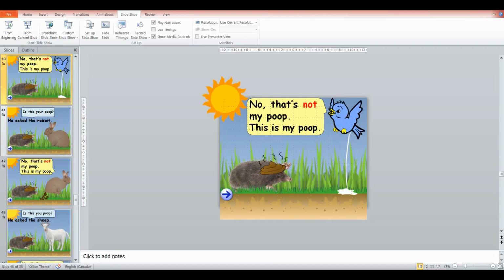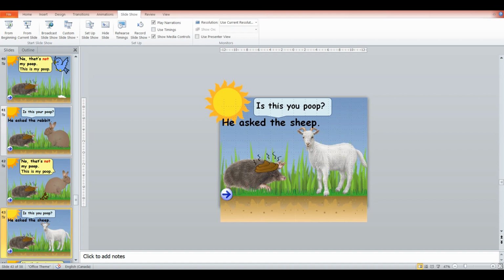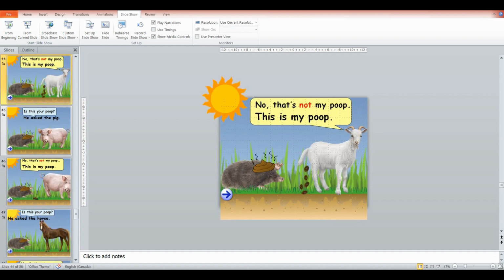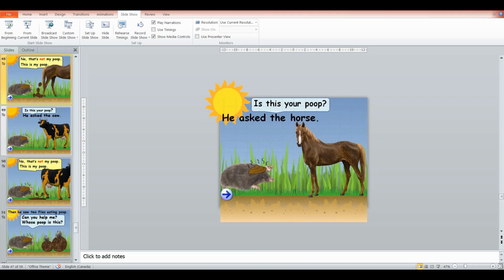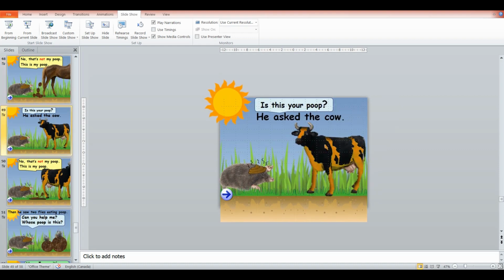It goes through a whole bunch of different animals and their different types of poops. I find it hilarious, the students find it hilarious, and it's a pretty fun little story that kind of breaks up the class.